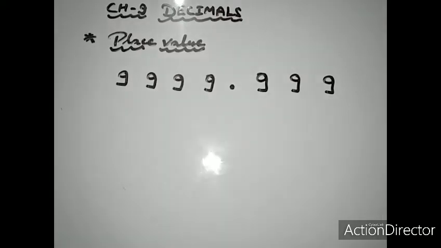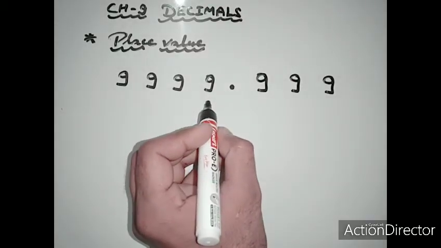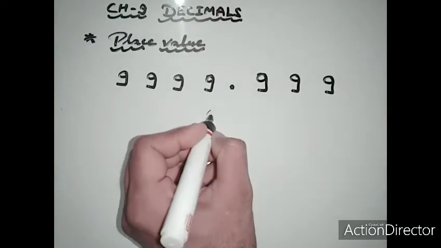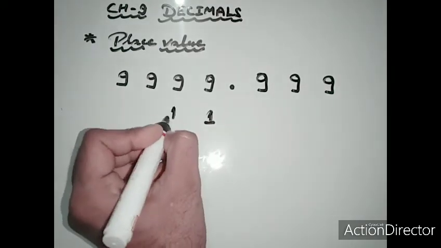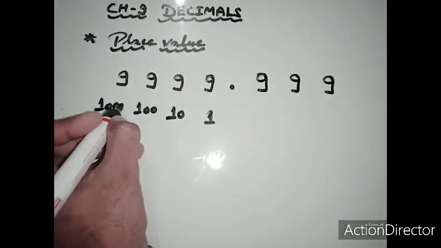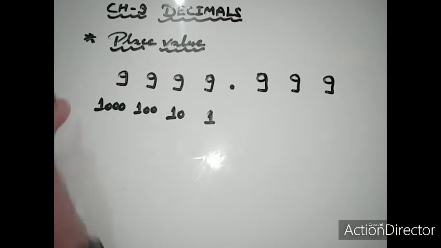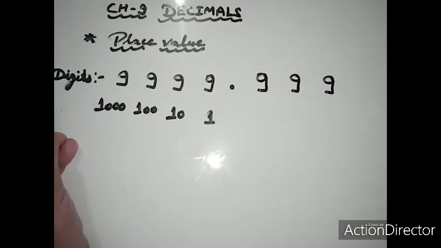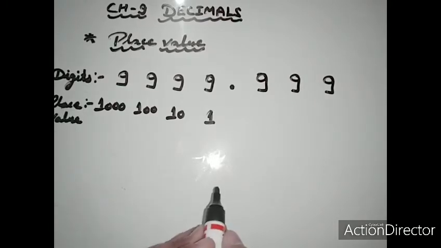Okay students, first here we write place value, right? Now what are the place values of this number? So here we write ones, tens, hundreds and thousands, right? These are the digits here, and these are the place values, right?